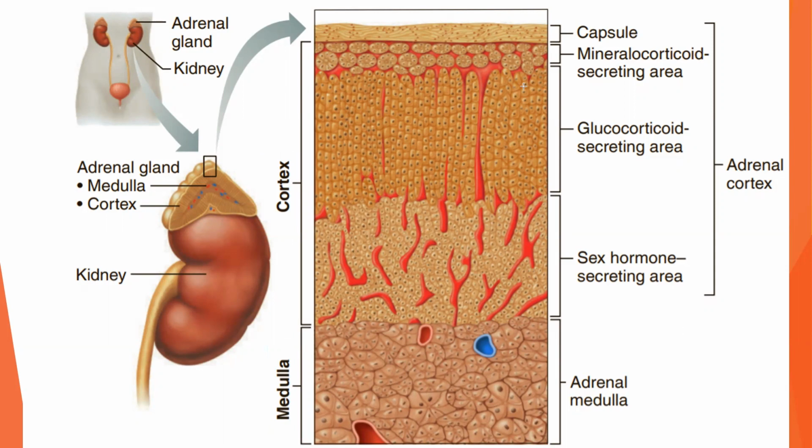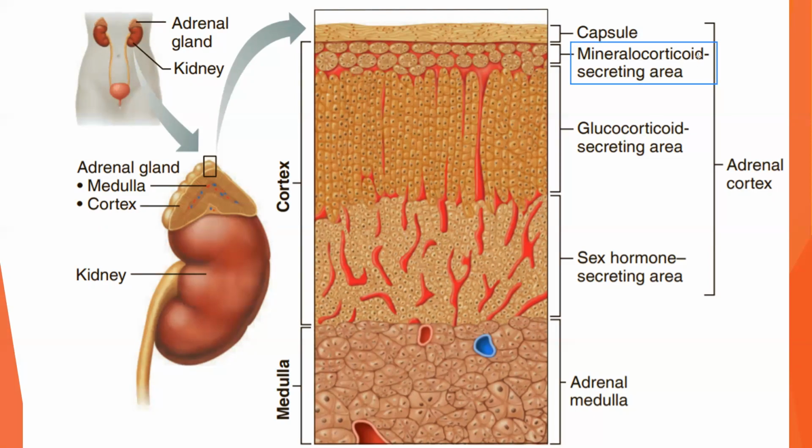Let's proceed to the first one. Your adrenal cortex is responsible for secreting 3 hormones. Specifically, we have the mineralocorticoid secreting area, which produces the hormone mineralocorticoids.